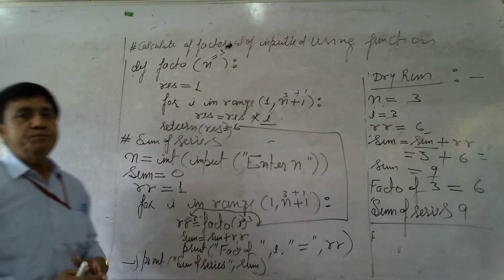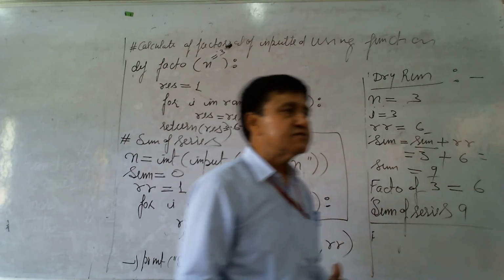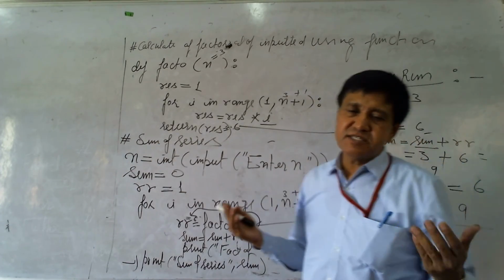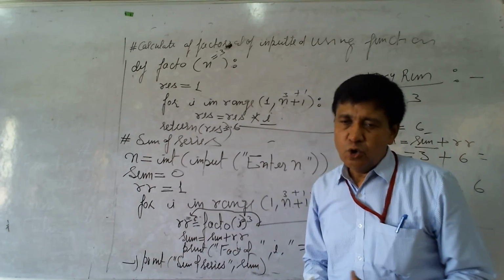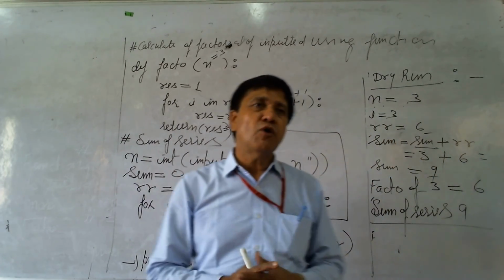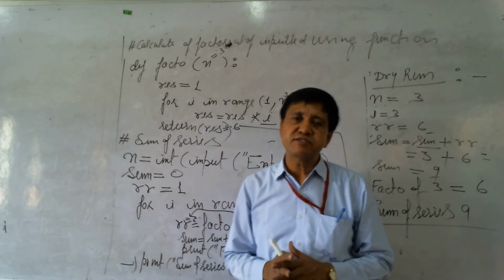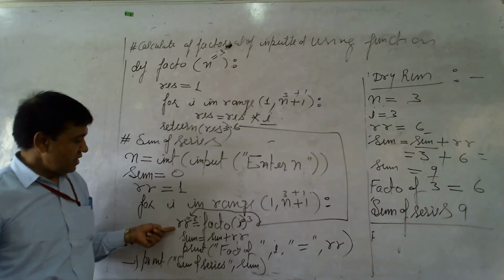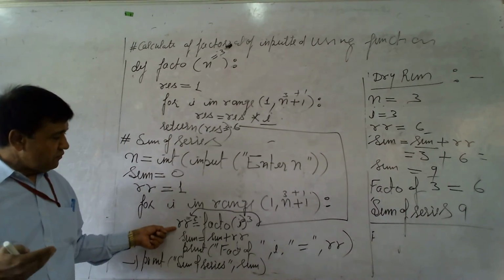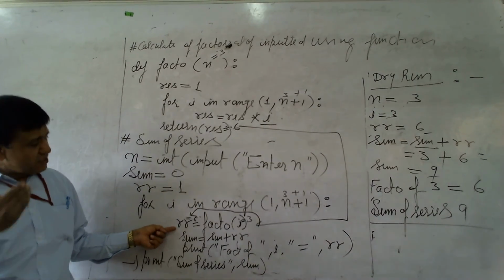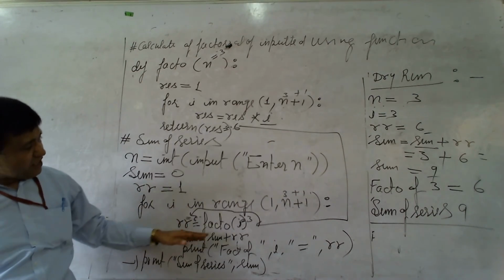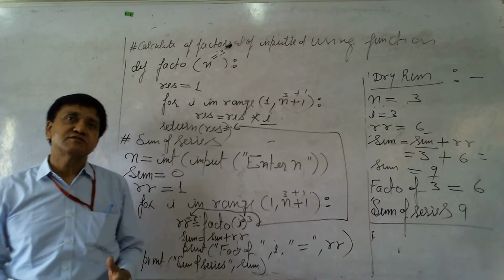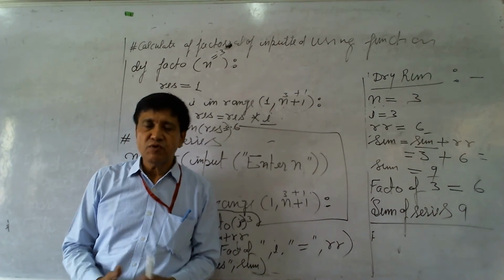So this is the beauty of function definitions. We can call it as many times as is required. And this is also one of the important features of a function: reusability. So what we are doing, at this statement we are reusing the function many times. How many times? N times we are reusing the function. Fine, this is one of the important features.